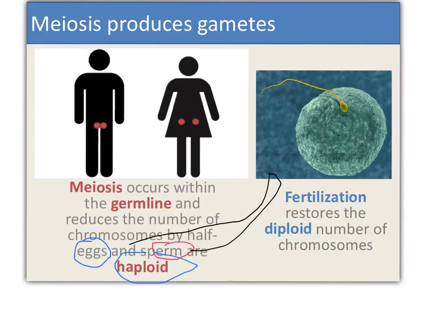The sperm fertilizes the egg, creates a zygote, this is a fertilized egg, and it restores the diploid number of chromosomes. In other words, 23 pairs or 46 chromosomes total.